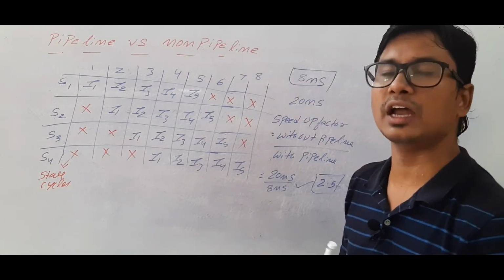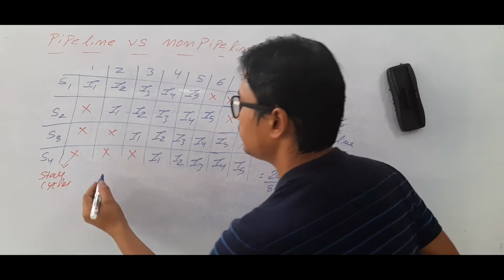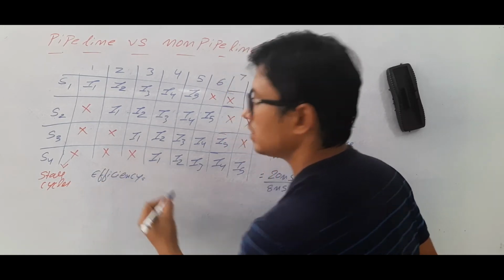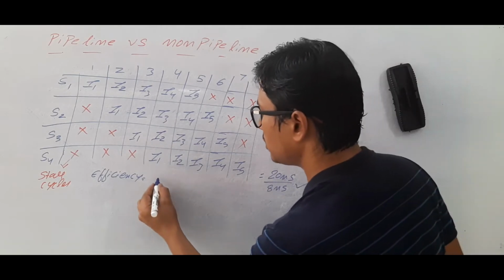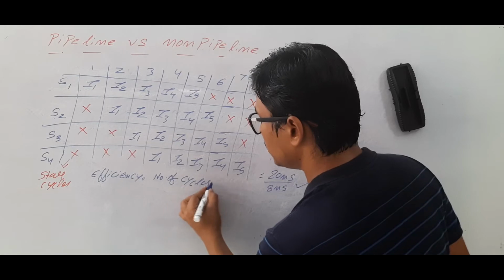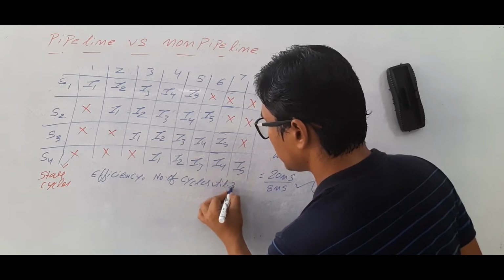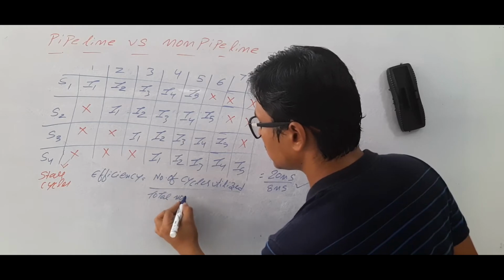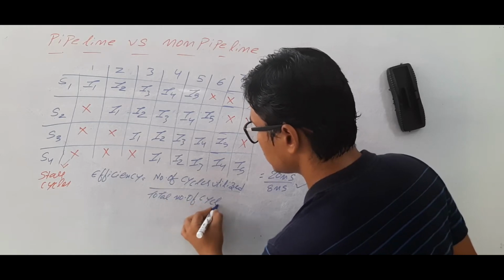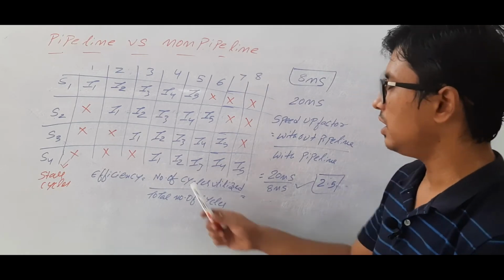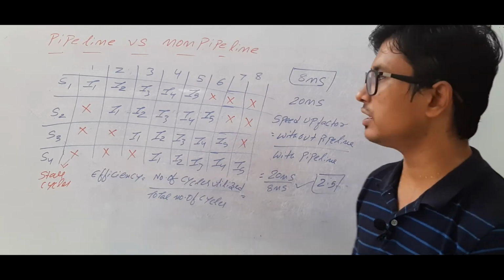So how can I calculate the efficiency? Efficiency is equal to the number of cycles utilized by the total number of cycles. So here, if I calculate how many cycles I have utilized and how many total cycles, I can calculate the efficiency.